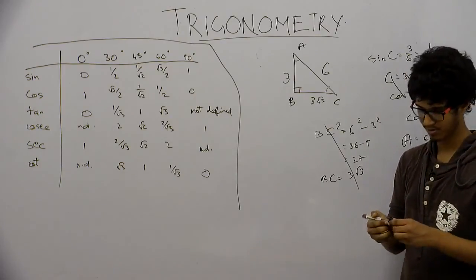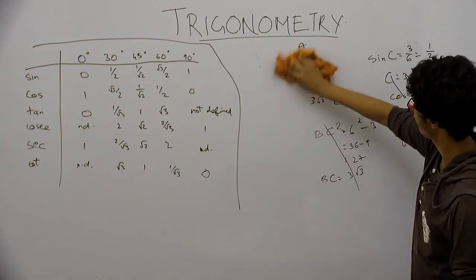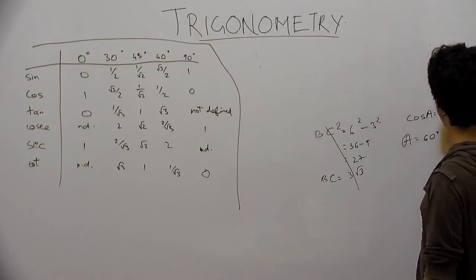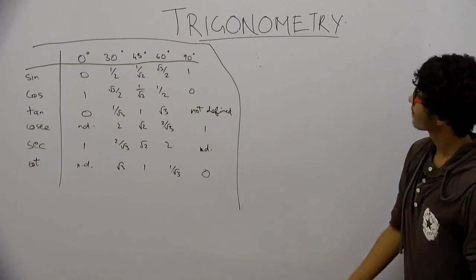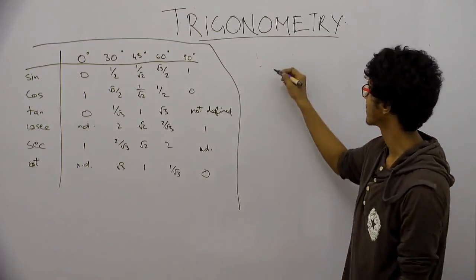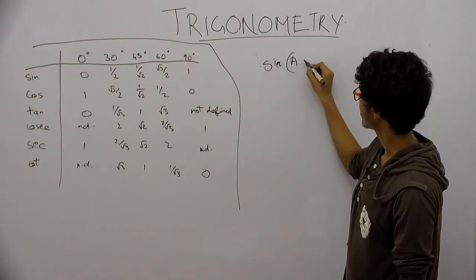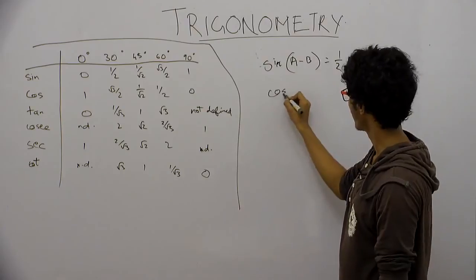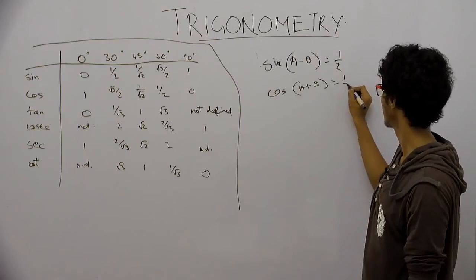Alright, I hope you are with me so far. We'll do another example. Suppose we're just given that sine A minus B is equal to half and cos A plus B also equals half.